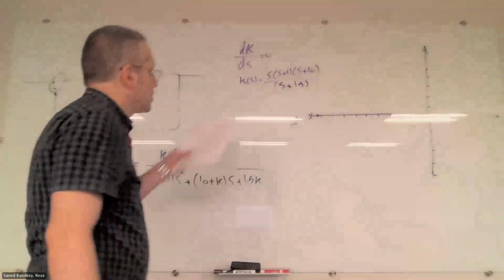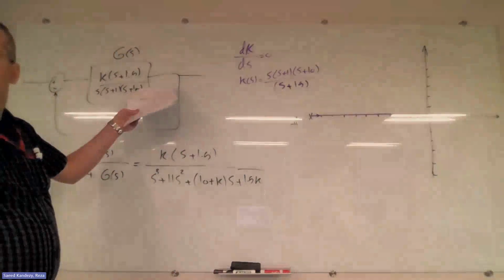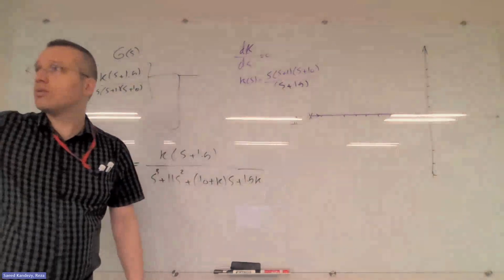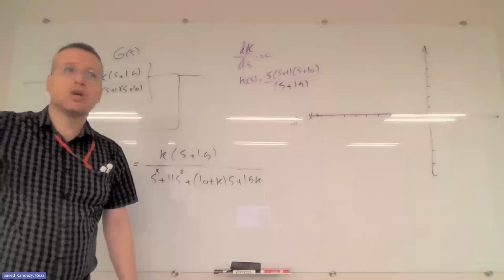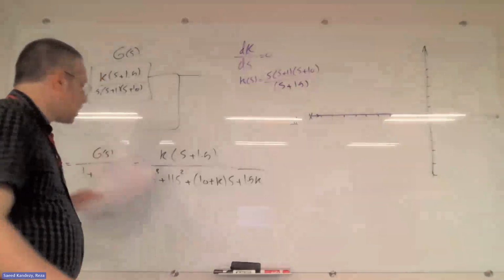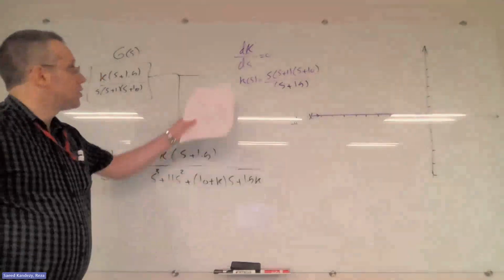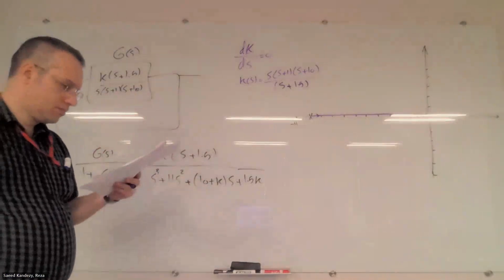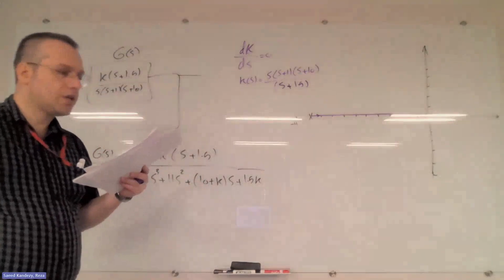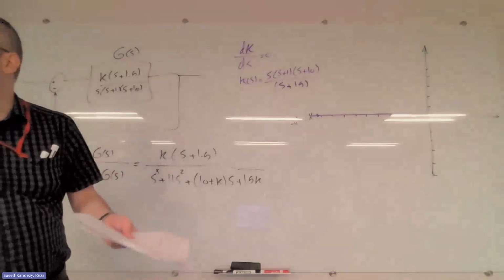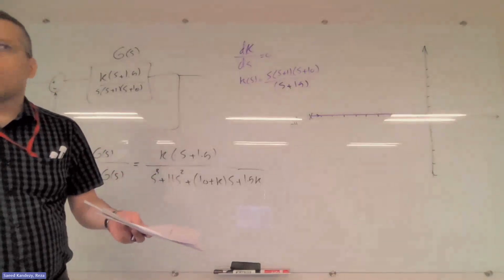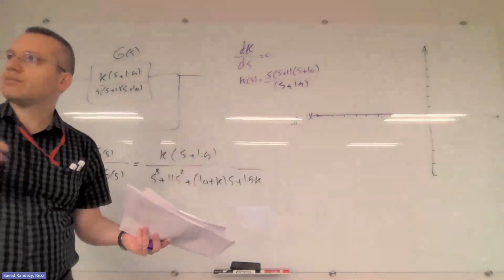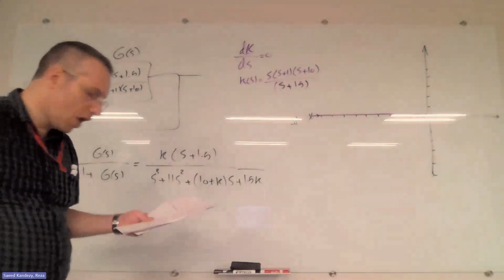Because eventually 1 plus GH equals 0, GH is going to be equal to minus 1. H is 1, so G is going to be equal to minus 1. Then we end up with the function of K versus s.